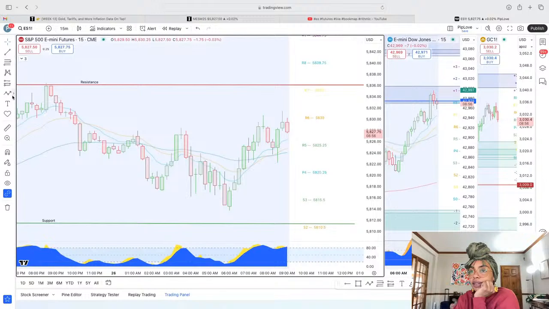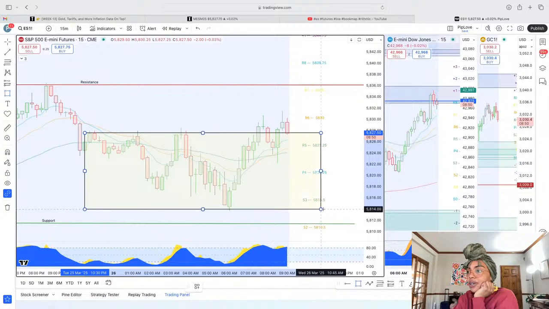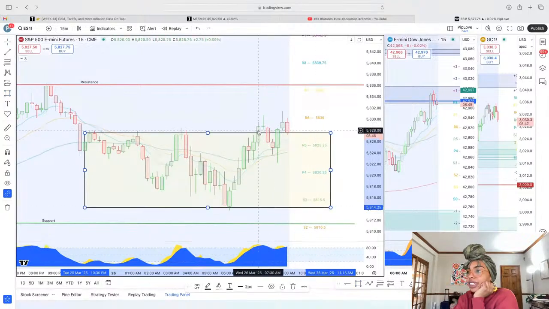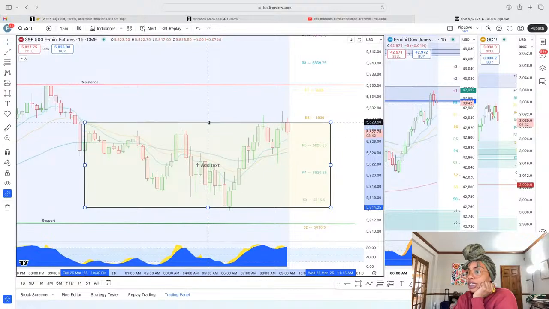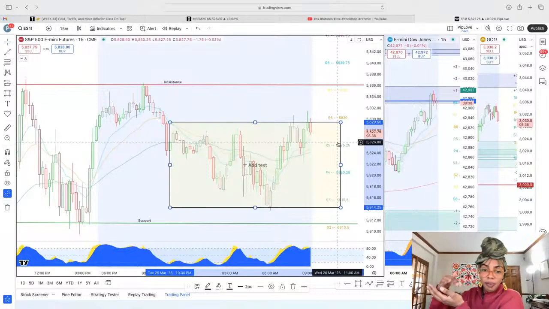So we had a similar box, similar to NAS. Here were our highs. We had this low. Price broke out of this box. We're going to see if that was just a wick. Remember, we want price breaking out of those ranges, or these boxes as I'm calling them.